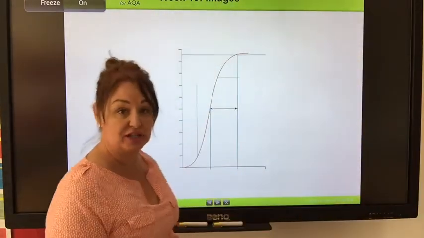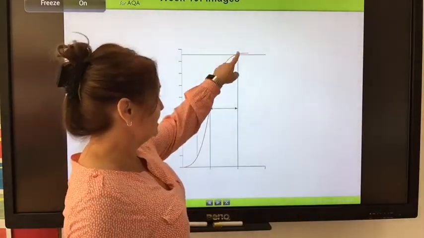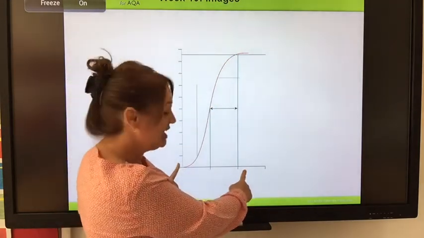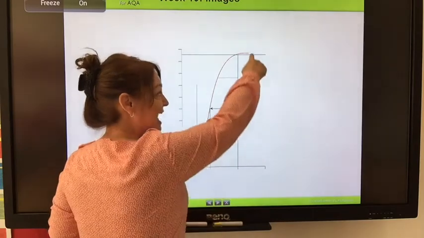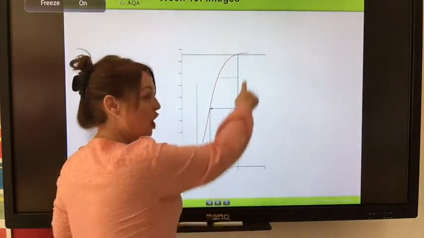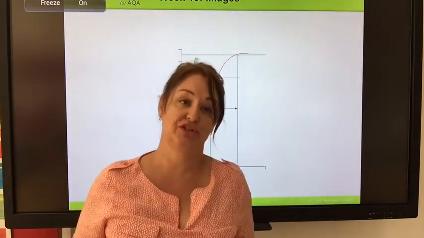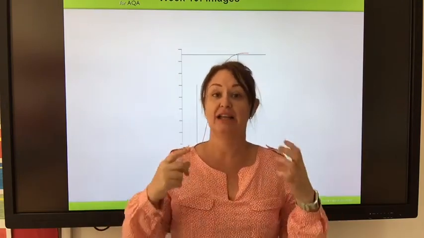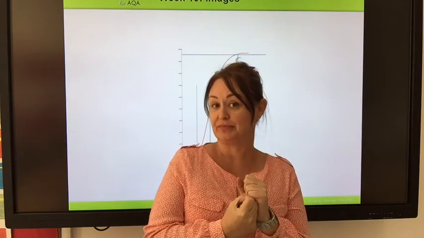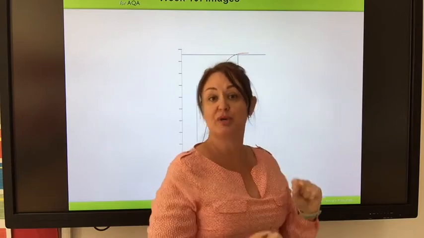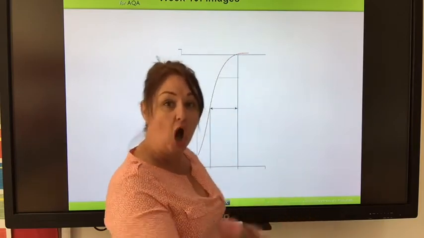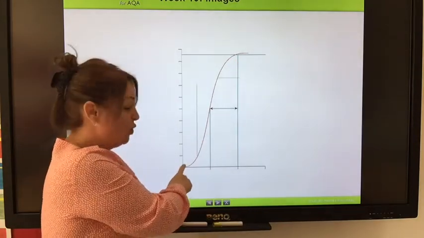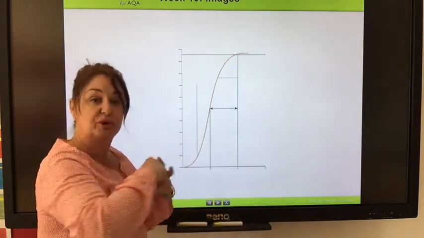It's perfect for us as humans because at this point here, the partial pressure of oxygen is high. Haemoglobin is hanging on to that oxygen, and indeed that's what we want it to do at the lungs. At partial pressures of oxygen that are low, in other words respiring cells, we want the oxygen to become free.